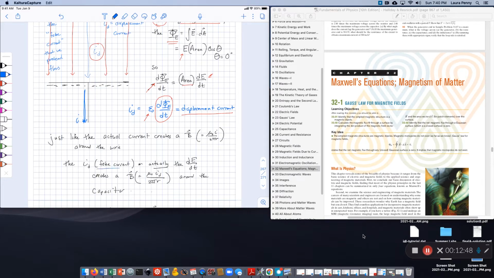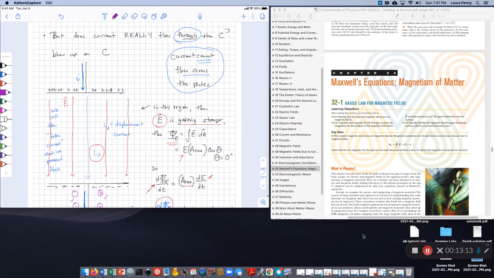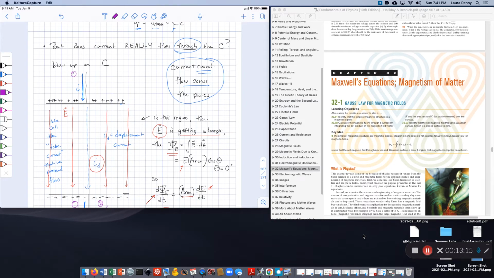It's a fake current. But just like an actual current, so this current right here, according to right-hand rule 2, would make a magnetic field like this around itself. If I do right-hand rule 2, my fingers would go into the screen on this side, and they'd come out on that side. Up here, the same thing.